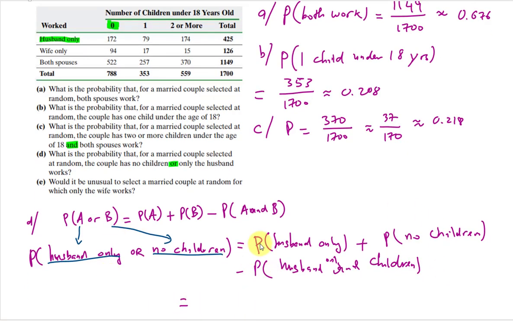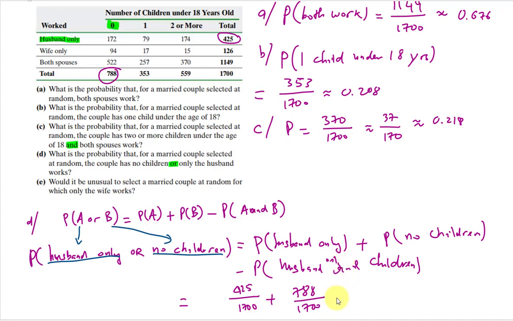We know the probability of the husband only is the first row, and that is 425 out of the total of 1700. Then plus P of no children. No children is the 0 column right here, and that is 788 out of 1700.